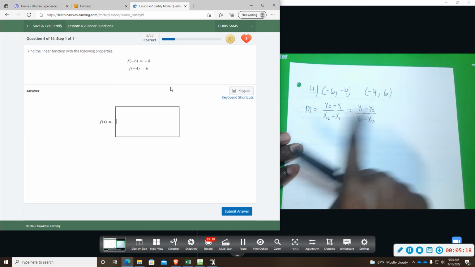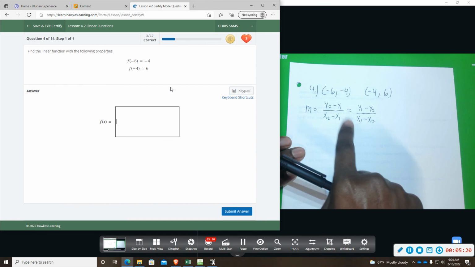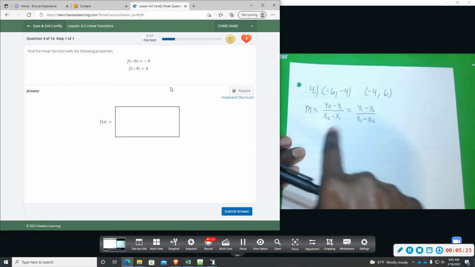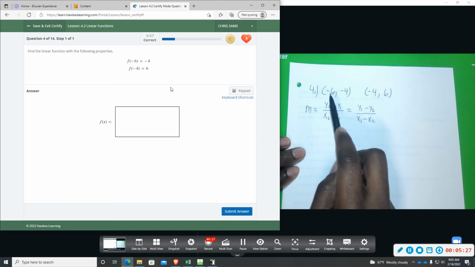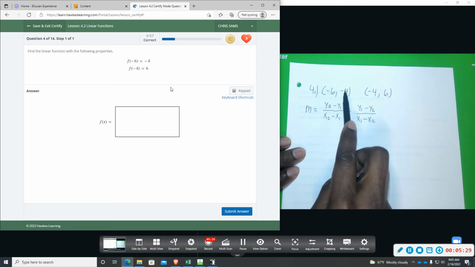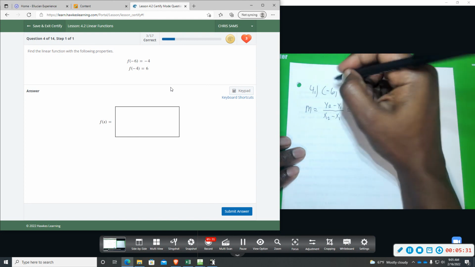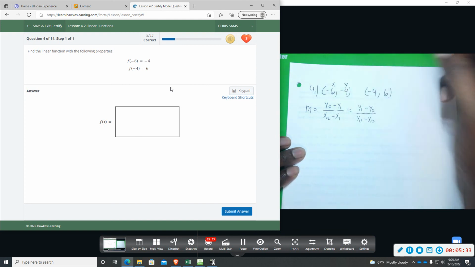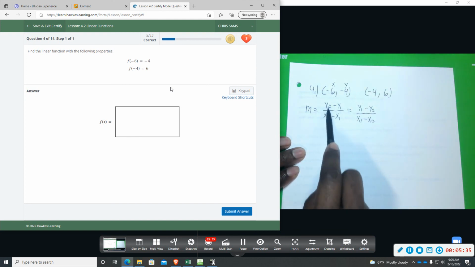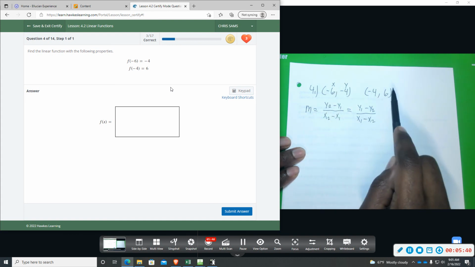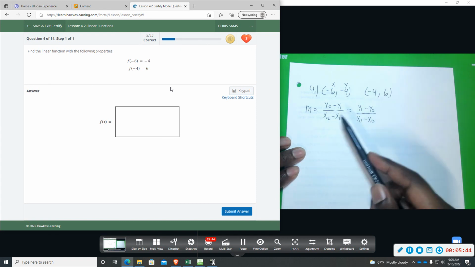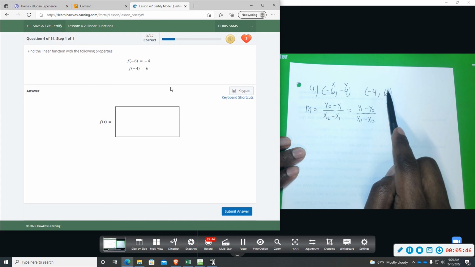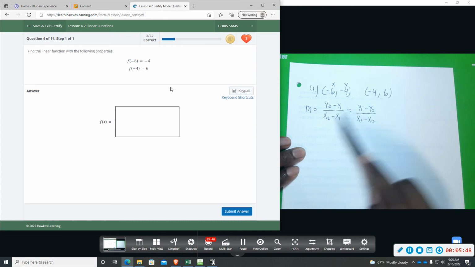Okay, so the order doesn't really matter if the 1's go in front or the 2's go in front, but what does matter is that whichever y value, so this is x, this is y, I gotta remember alphabetical order, whichever y value you use up front, that x value has to be right below it. So if I use this one up front, then this one has to be right below it. Okay, so that's the thing that matters. You can't do this up front and that one in the back and flip them that way.